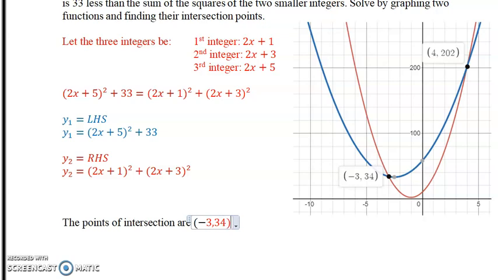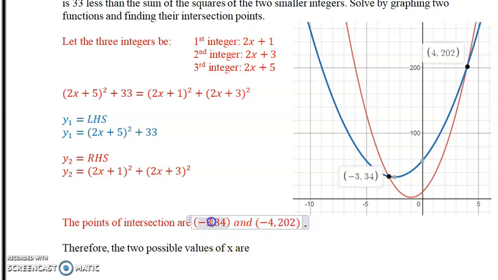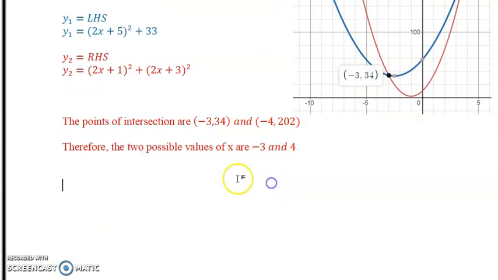Again, we're not concerned about 34, and -4 and 202. Okay? So that means, therefore, the two possible values of x are -3 and 4.